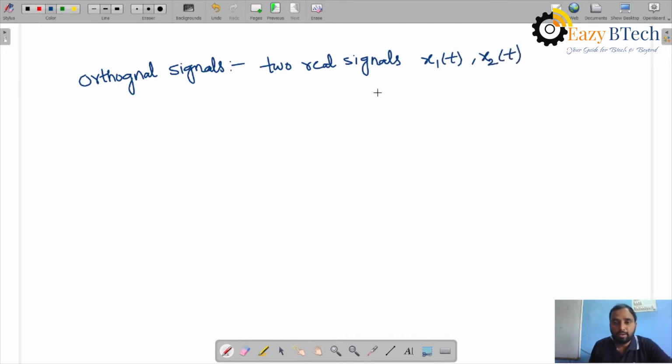Over the time interval t1 to t2, if you want to check whether they are orthogonal or not, how to check? The integral over t1 to t2 of x1 of t into x2 of t.